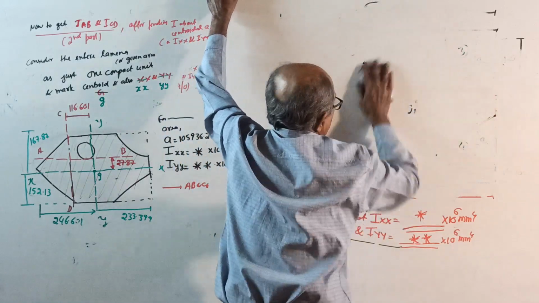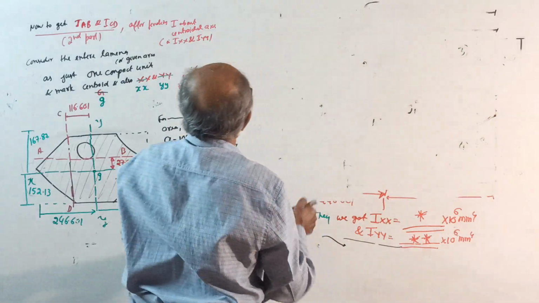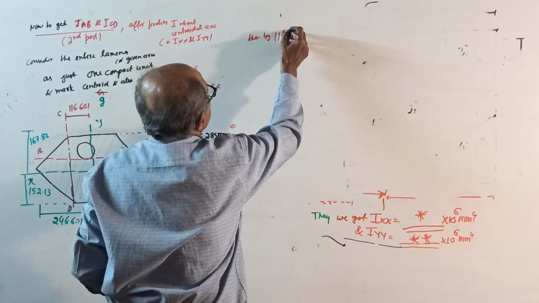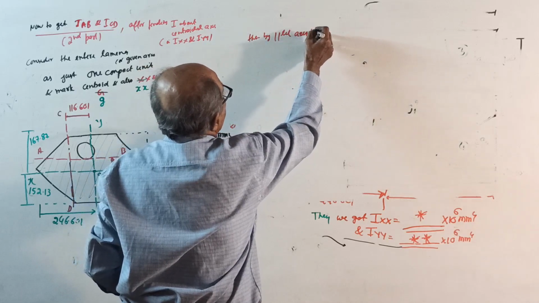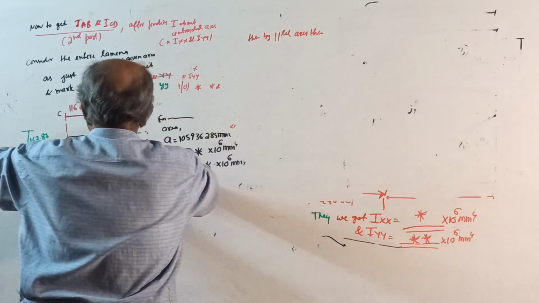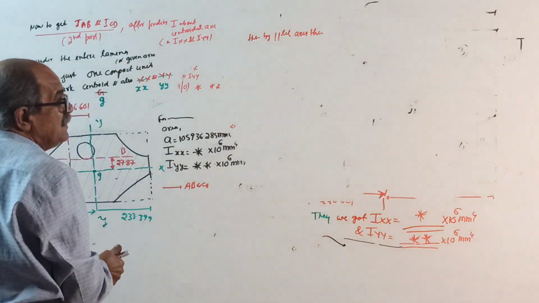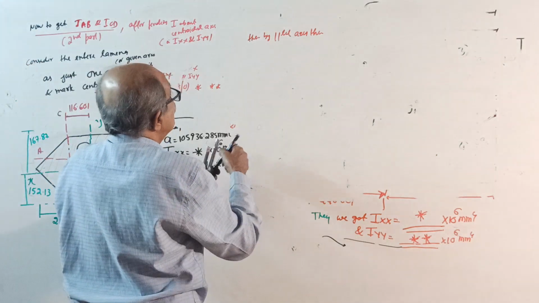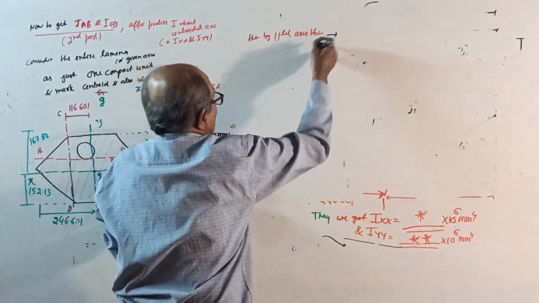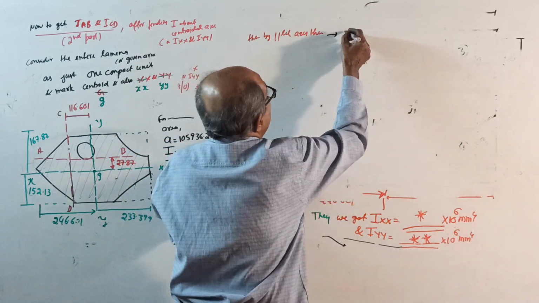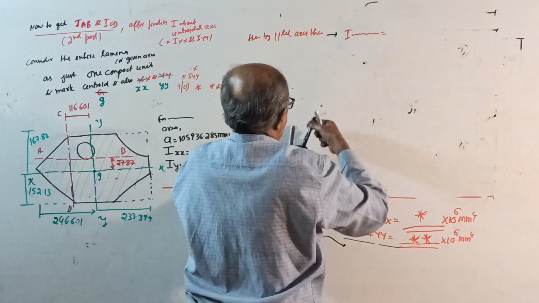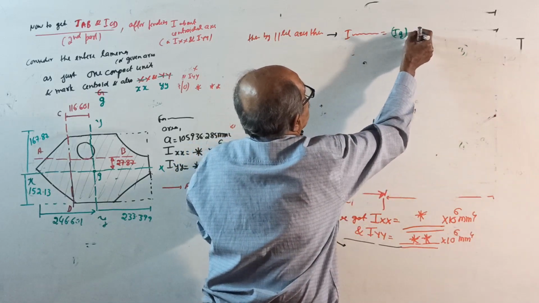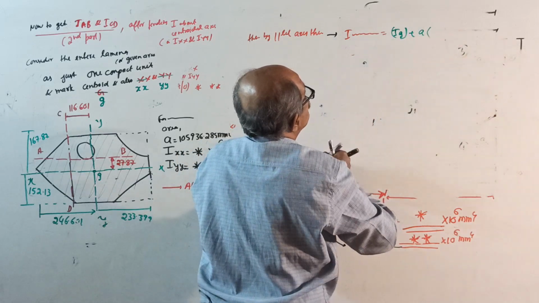Okay, then see. By parallel axis theorem, consider the entire as one unit. No breaking, nothing. I about any axis equals Ig plus area into h square.